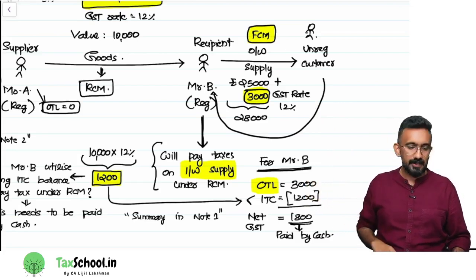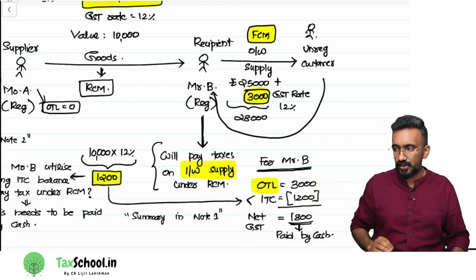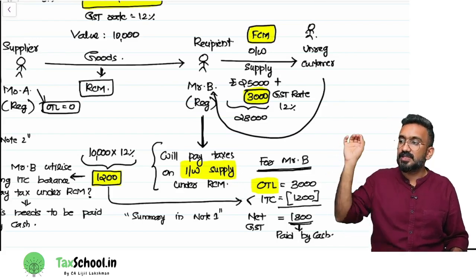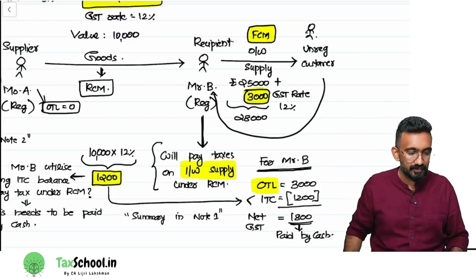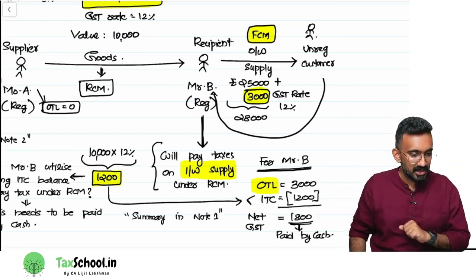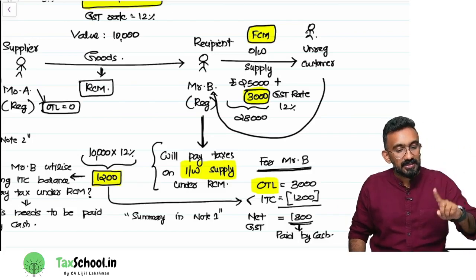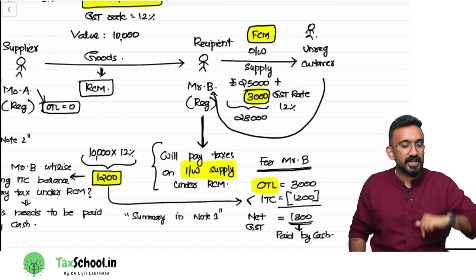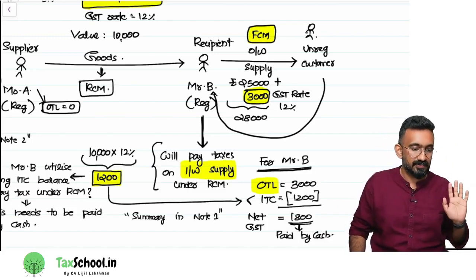OTL is outward tax liability. Next question to you is, can Mr. B take the input tax credit of this 1,200 paid under RCM? Yes or no? The answer is yes. After paying the taxes under RCM, whatever paid under RCM can also be taken as ITC.